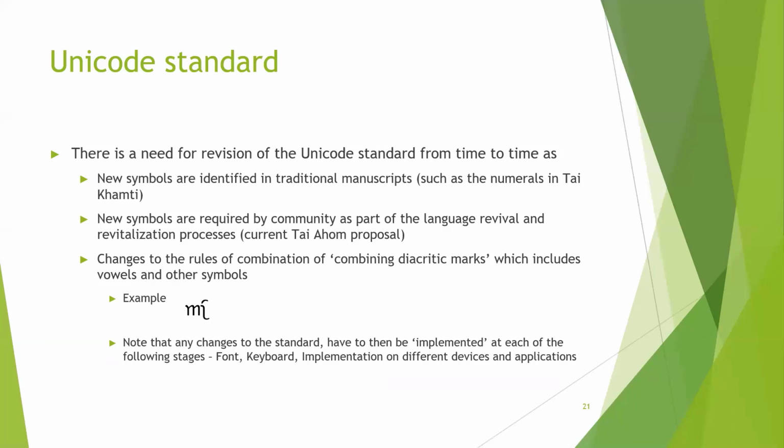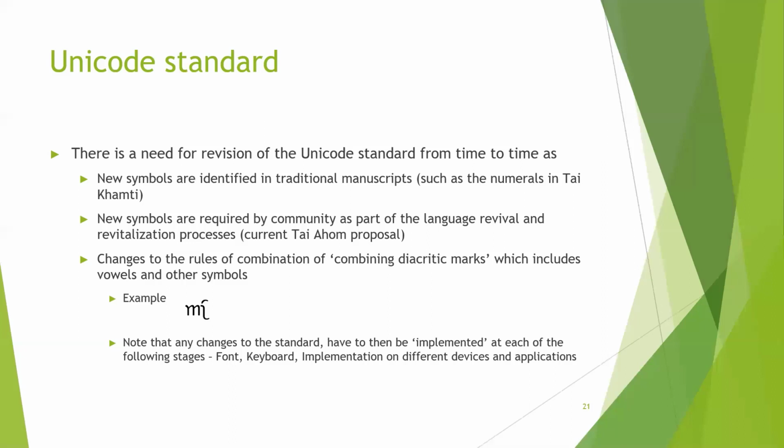And then, because language revival or revitalization of spoken languages is going on, it may involve script reform, things like adding additional consonants or adding vowels so that all of the vowel distinctions in the spoken language are reflected in the written language, and adding tone marks.